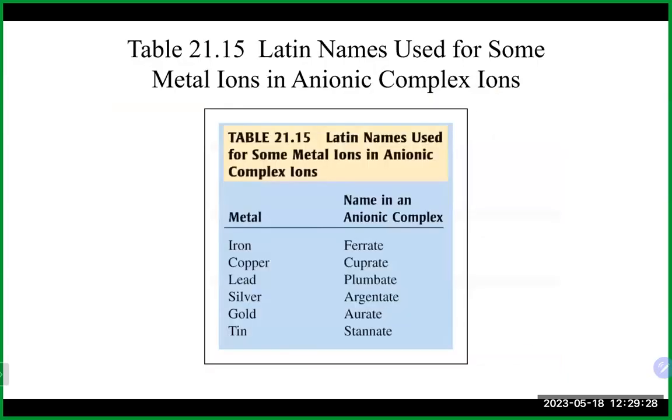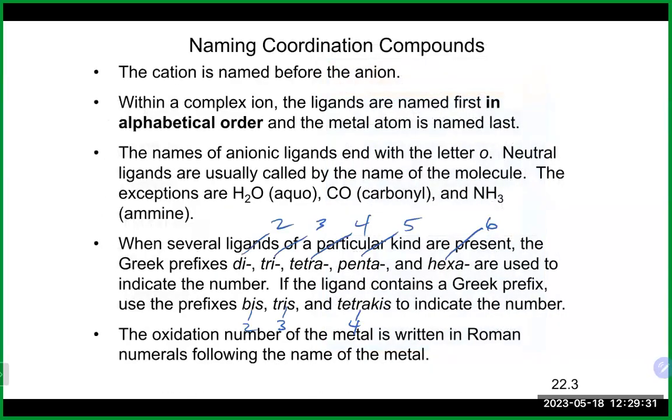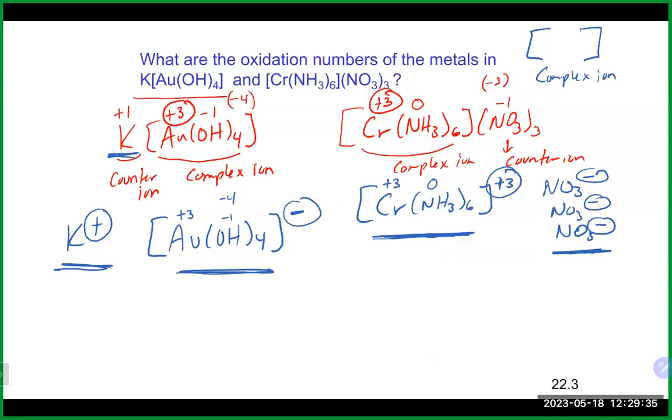So let's take a look at maybe the two that we were taking a look at here. All right, so let's take a look first at this guy here and see how we would go about naming this guy. So first off, we will start with the complex ion part.